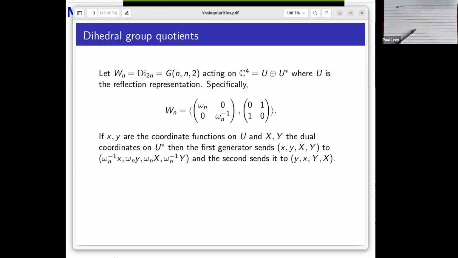So the notation there is WD. Let's use N. WN is a dihedral group of order 2N. And we're thinking of it as a reflection group. So this is another notation for the same thing, GNN2. Explicitly, it's the group generated by these matrices when acting on U.